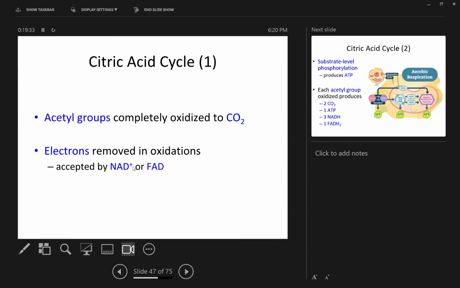So these 2 are just coenzymes that are going to help shuttle the electrons to the last steps. Okay, and the NAD plus, I think I told you last time, we can make NAD plus, but mostly we get it from our diet. It's niacin. FAD, we do not make. We can only get that from our diet, and that's vitamin B2.